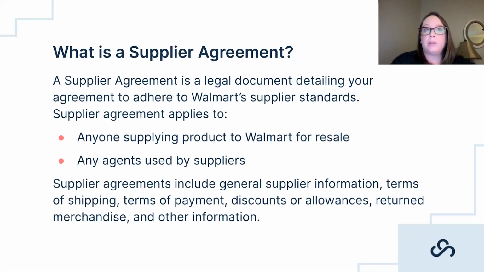The supplier agreement applies to anyone that's supplying product to Walmart for resale and any agents used by suppliers. Your supplier agreement includes general information, terms of shipping, terms of payment, returned merchandise, a multitude of other things, along with your agreed upon discounts or allowances, which is what comes into effect here.